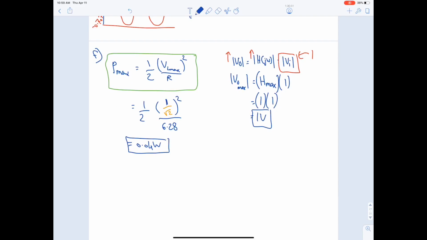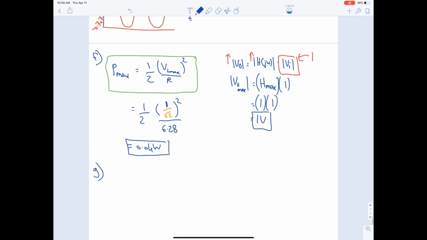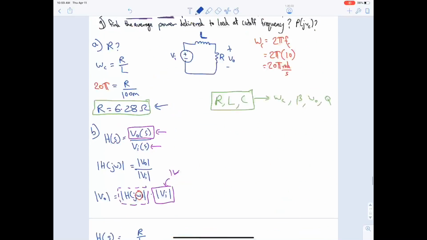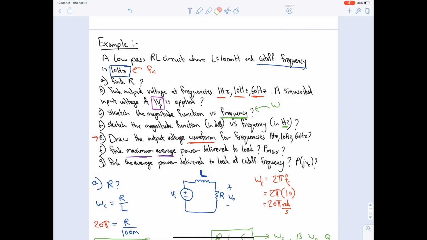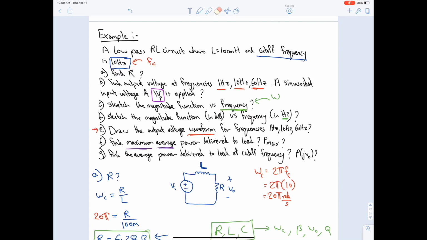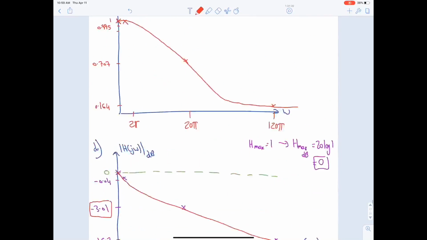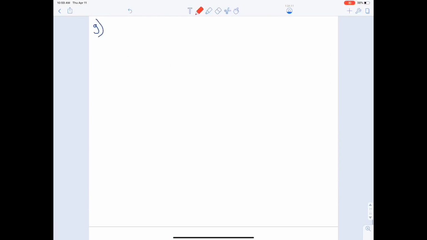That's part F. The last part of the question says find the average power delivered to the load at the cutoff frequency. Okay, cutoff frequency. What is the average power at the cutoff frequency?